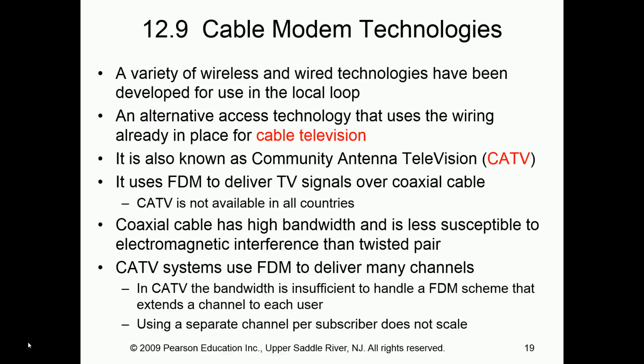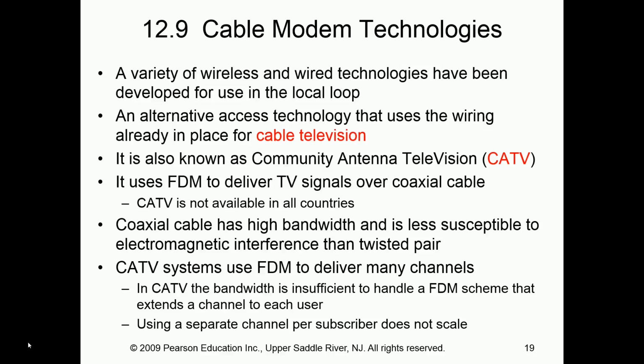Moving on from that to our cable technology. Our cable technology actually allows for the use of a community antenna television system. Basically your coax. It still uses frequency division multiplexing.